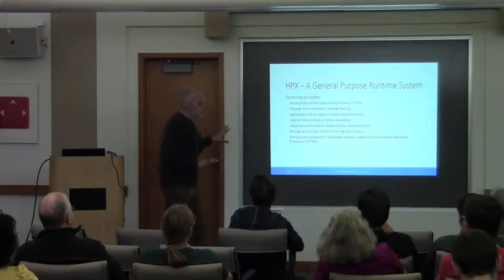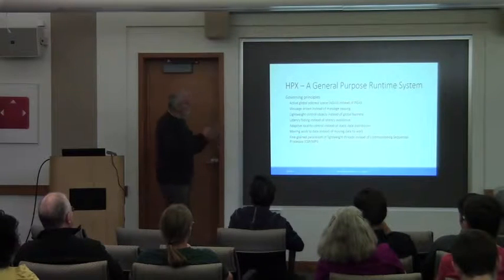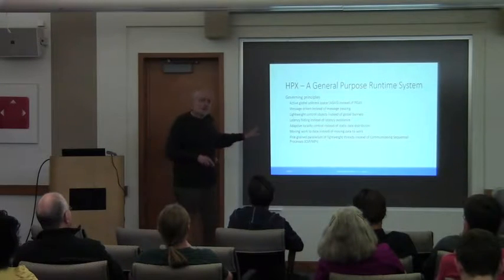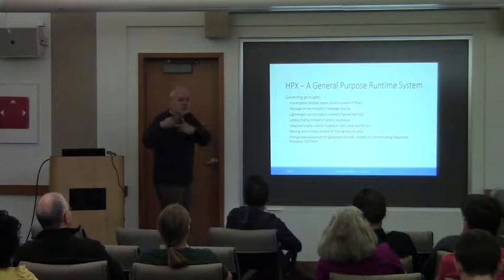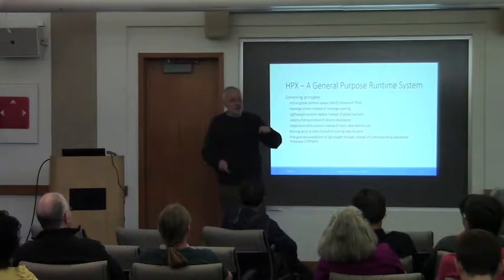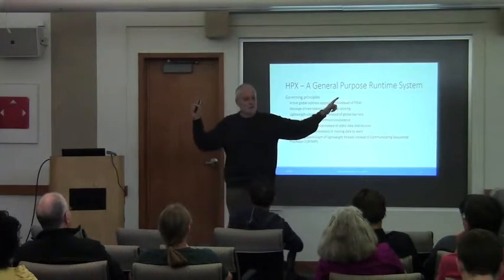A couple of governing principles, and I will skim over those, and I will get back to those during the talk all the time. Even if you don't completely understand what they mean, it will get clear over the talk. We provide a global address space to the application, so the whole machine is one address space.